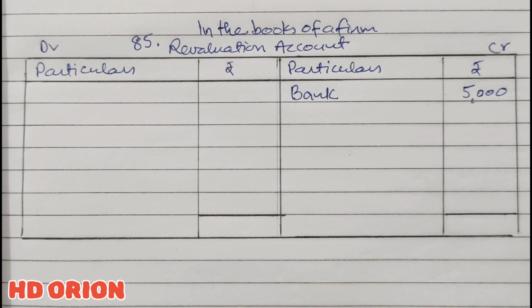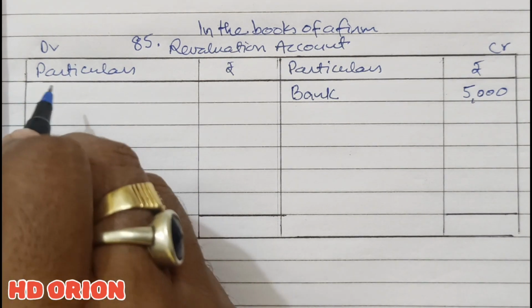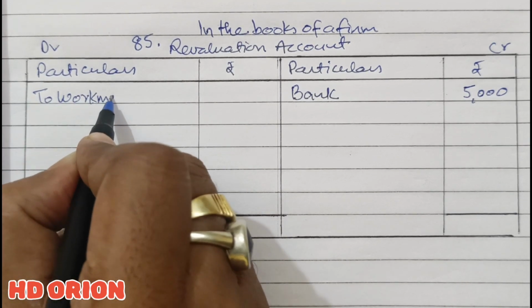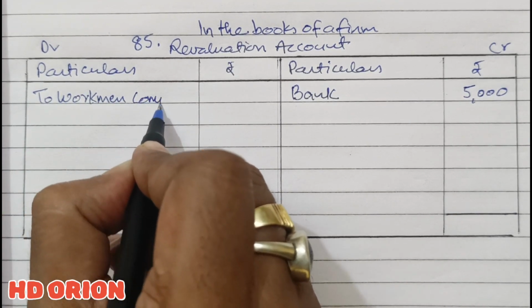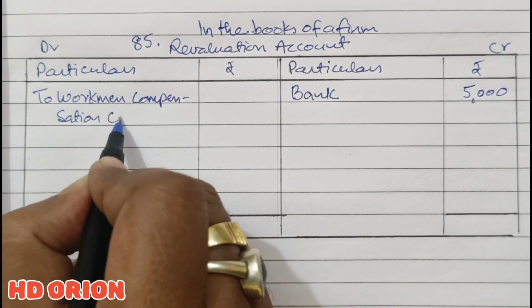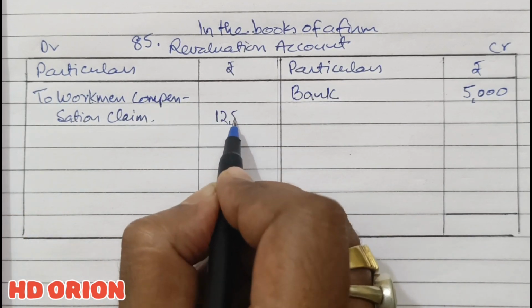Then a debtor who was supposed to bring money. A claim of workmen's compensation is to be accepted. So to workmen's compensation claim, the firm has accepted a claim of rupees 12,500.